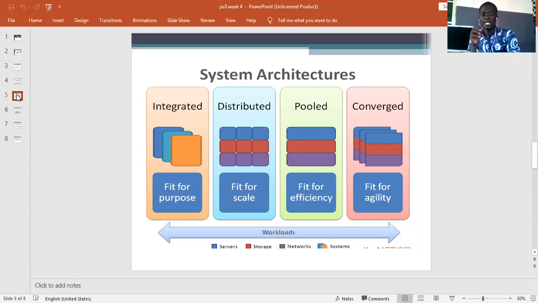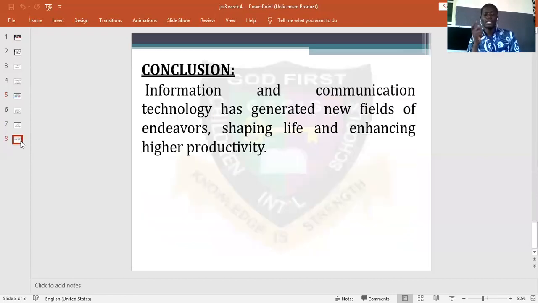Now, the conclusion is information and communication technology has generated new fields of endeavor, shaping lives and enhancing higher productivity. Basically, everything still revolves around information and communication technology. Everything we said earlier still revolves around information and communication technology.